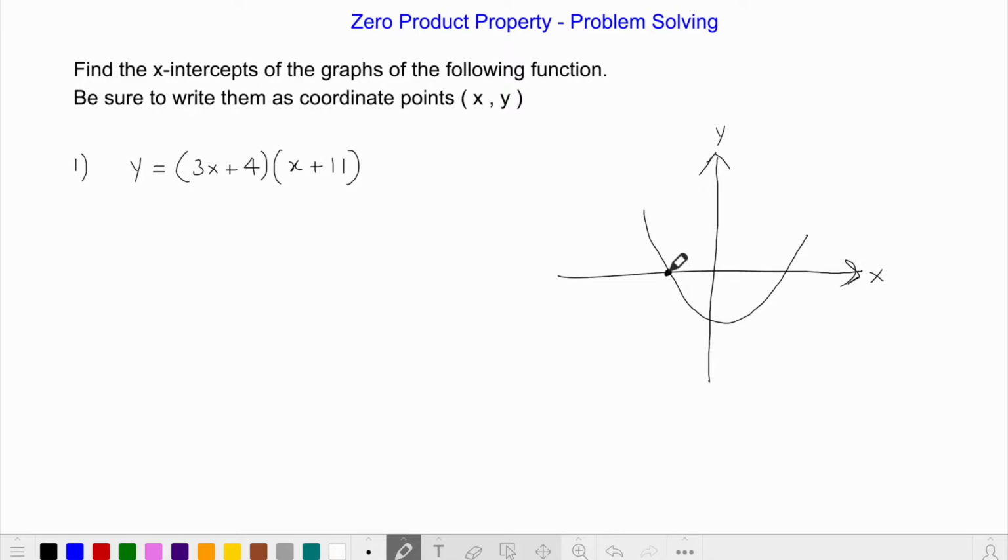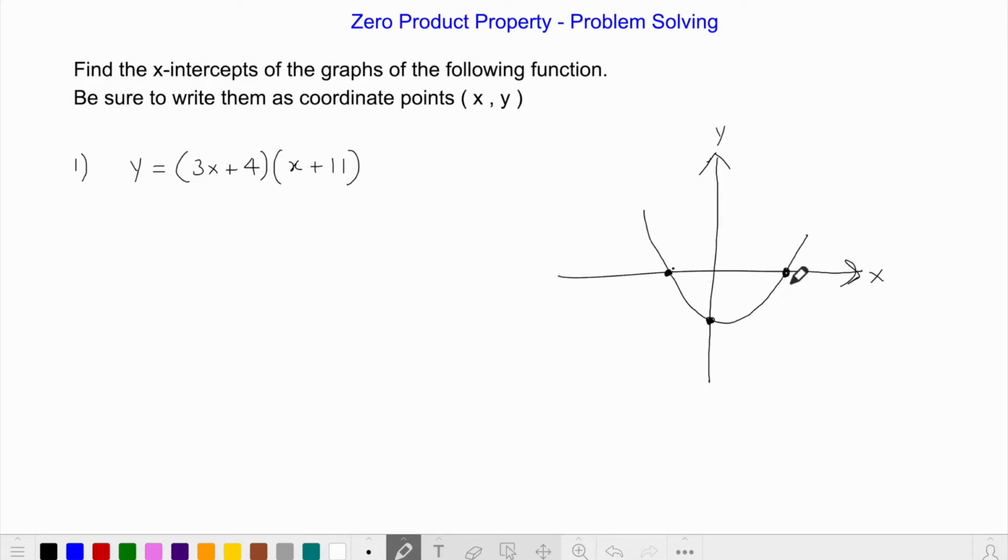Those are the intercepts. The x-intercepts are located where the graph cuts through the x-axis, so this point and this point are called x-intercepts, and this point is called the y-intercept because the graph cuts through the y-axis. So let's find out the value of these points.